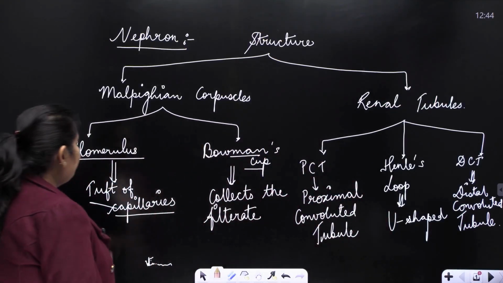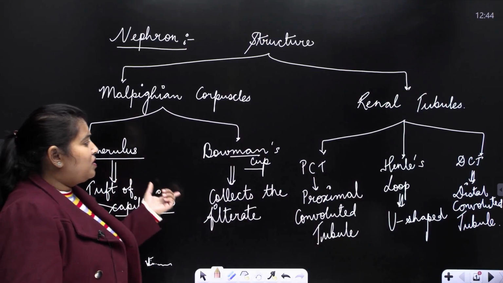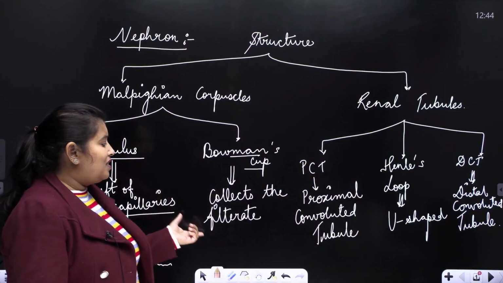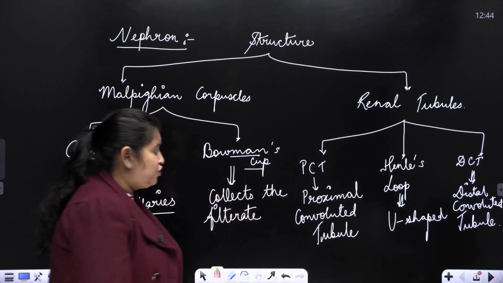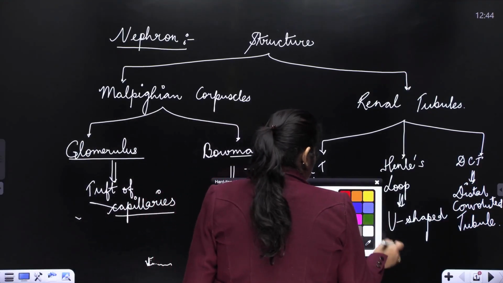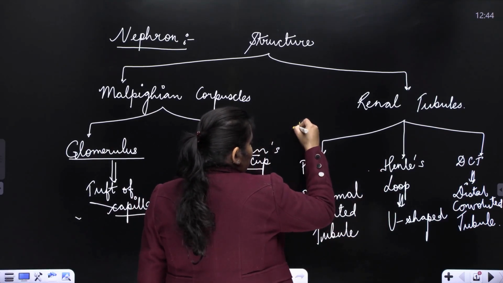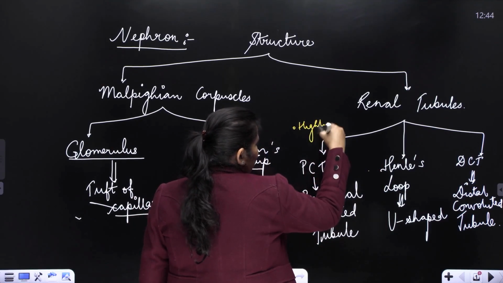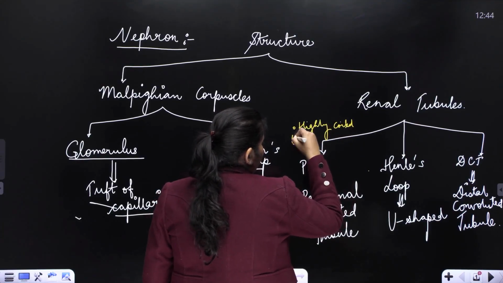So here we've already written that glomerulus is the tuft of capillaries. Bowman's cup or Bowman's capsule collects the filtrate. Then the PCT, the proximal convoluted tubule. Let us note a few points here only. The PCT is a highly coiled tubule.